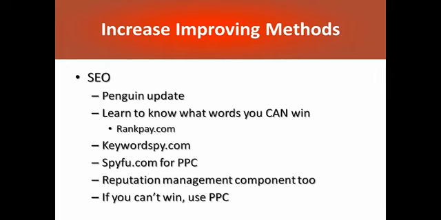I am a huge fan of rankpay.com, and here's why. If you decide that you want to be on the first page for cheap tires Indy, what we need to know is, can you win that? Because there are terms that you can't win.